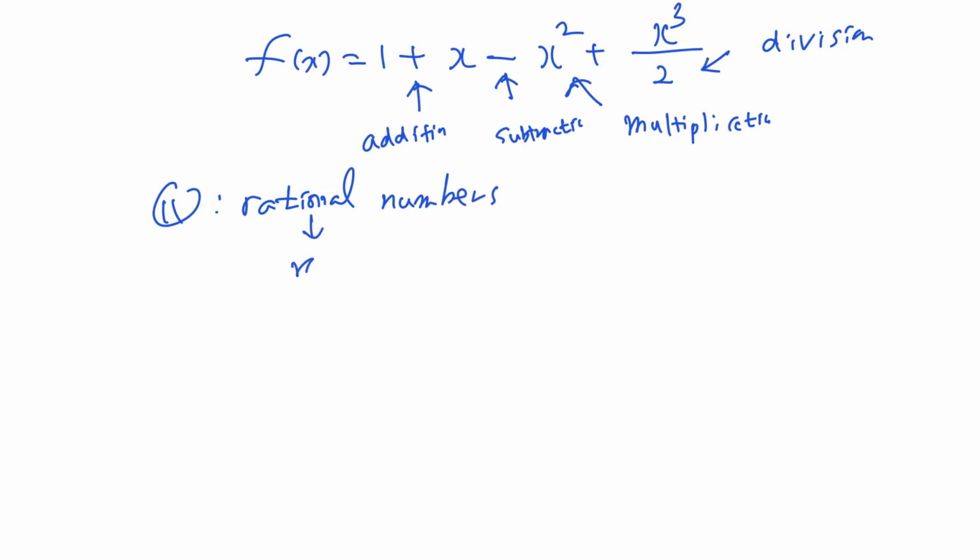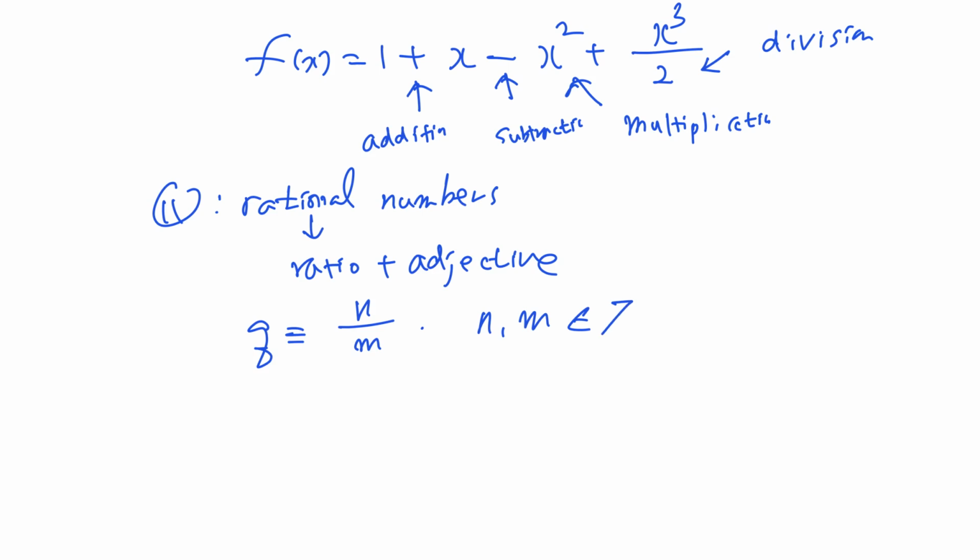This is ratio plus an adjective, to make the ratio. A ratio is a ratio, right? A over B. So the rational number system Q is given by N over M, and M belongs to integers.